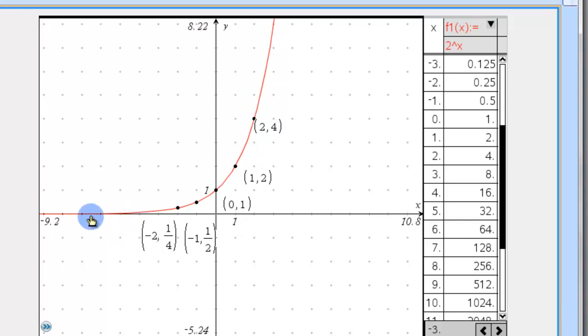So it gets closer and closer to 0, but never equal to 0. So there's actually a y equals 0 horizontal asymptote here. Then it shoots up dramatically fast. Look at the table over here. As you put in 4, 5, 6, 7, 8, 10, look at that, 1024 at 10.